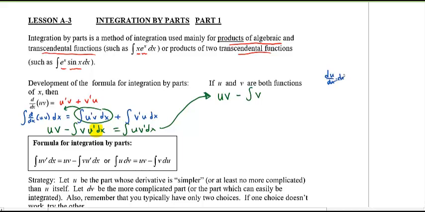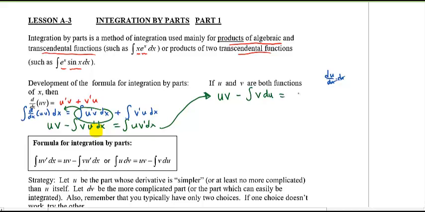So that just becomes du. So this will become v times du. And similarly, on the right-hand side, it becomes u, and the v prime dx will once again just be dv dx, so that'll be just dv.